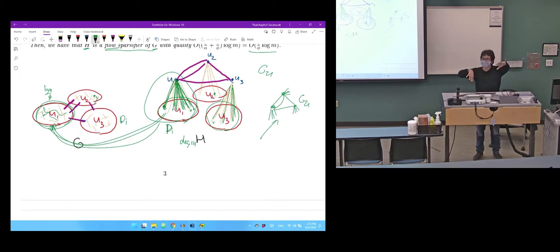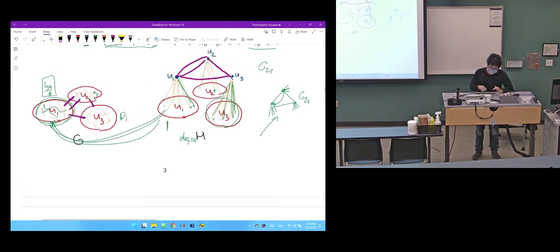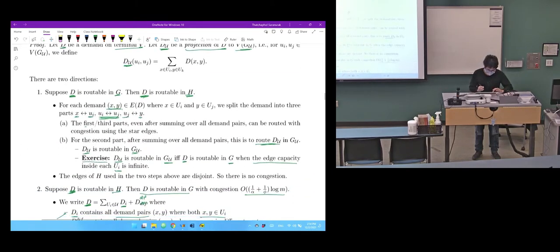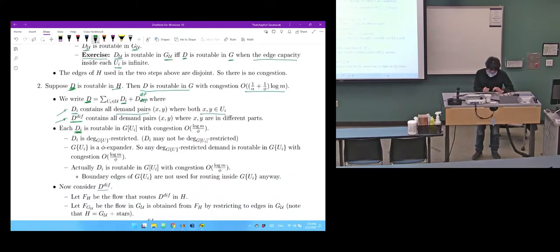They are disjoint, so you can route every d_i simultaneously in G with total congestion log n/φ. So we are done with one part. The other part is now about d_diff, the demand to route between parts.